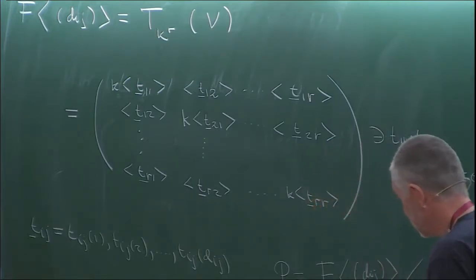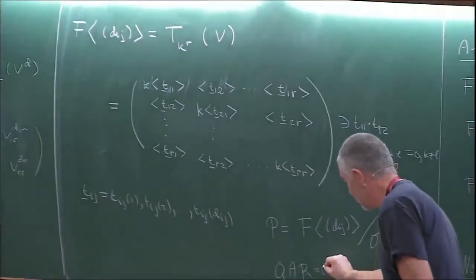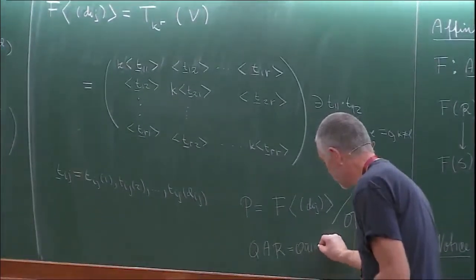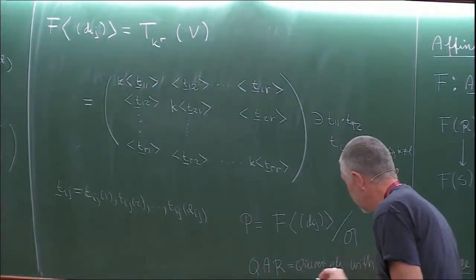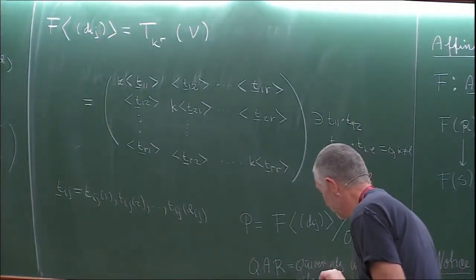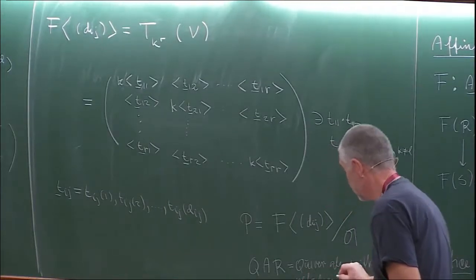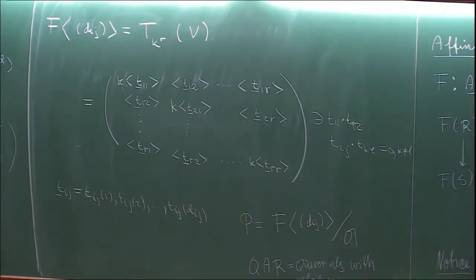So QR is equal to a quiver algebra with relations. And of course, it's very hard to work with these big things. Yes?